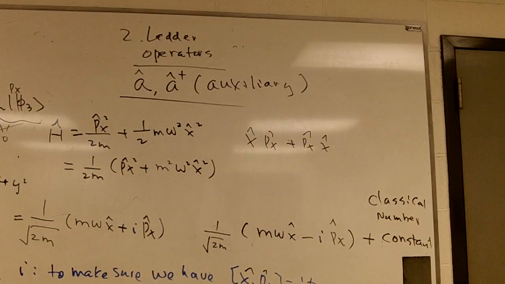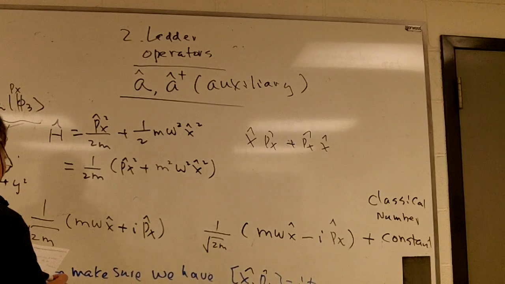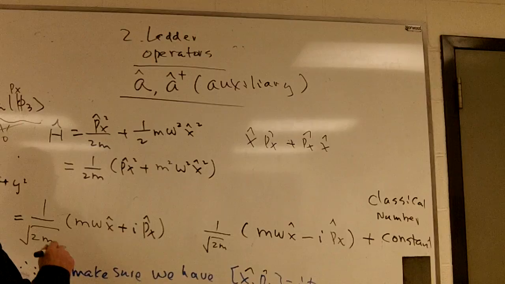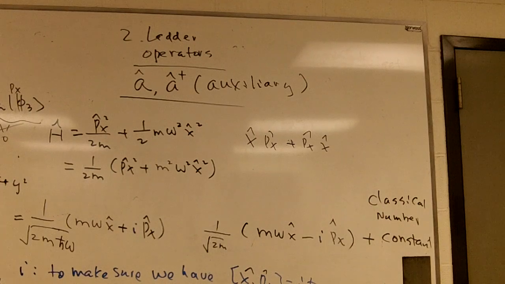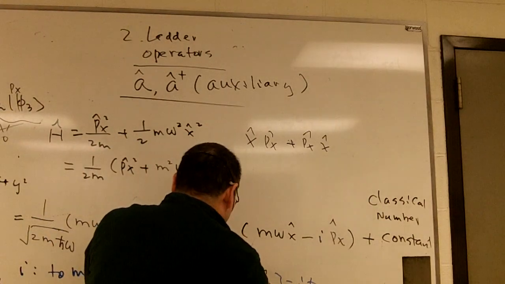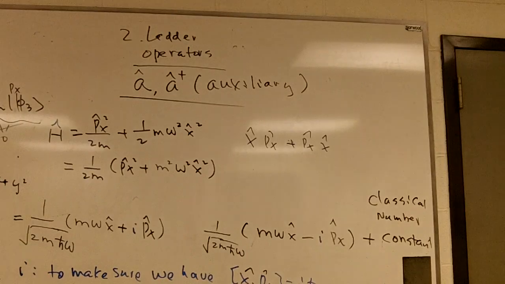Now this expression is still not perfect because it has a dimension. So what we do next, folks, is divide by h bar omega, this term here, and also this term, h bar omega, like this.